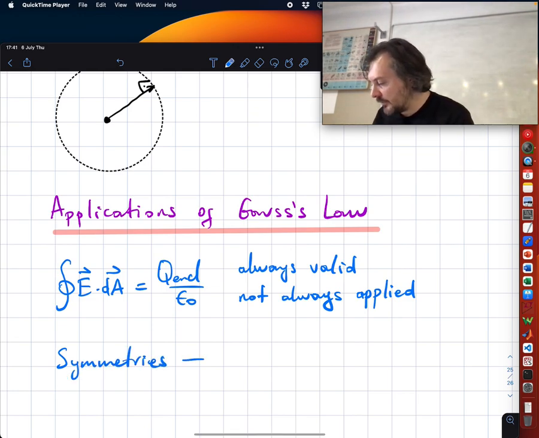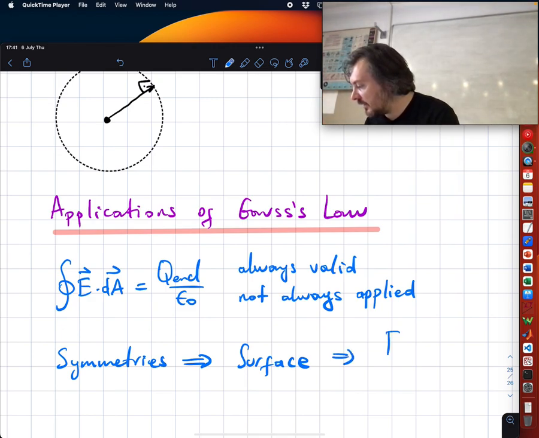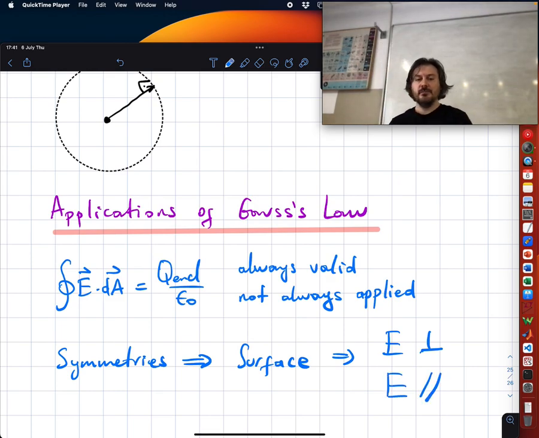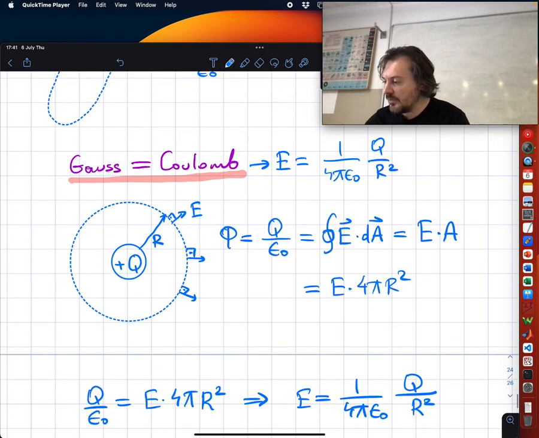So you have to come up with a surface, a Gauss surface, where electric field lines are either perpendicular or parallel. Okay? So in this particular case, when I have a charge right in the middle of a spherical surface, all electric field lines are going perpendicular to the surface.